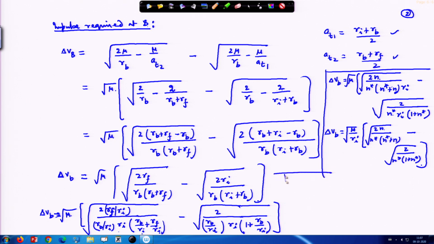More compactly, this can be written as delta V B equal to mu by r I, which is nothing but V I C, and if we take 2 by n star outside, this gets reduced to n divided by n star plus n under root minus 1 by 1 plus n star under root.